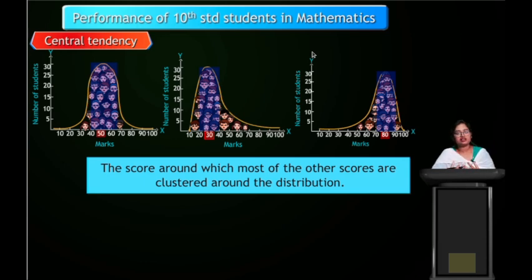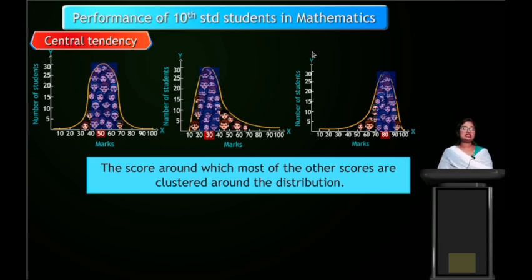In general, the observation around which most other observations are clustered in the distribution is called central tendency.